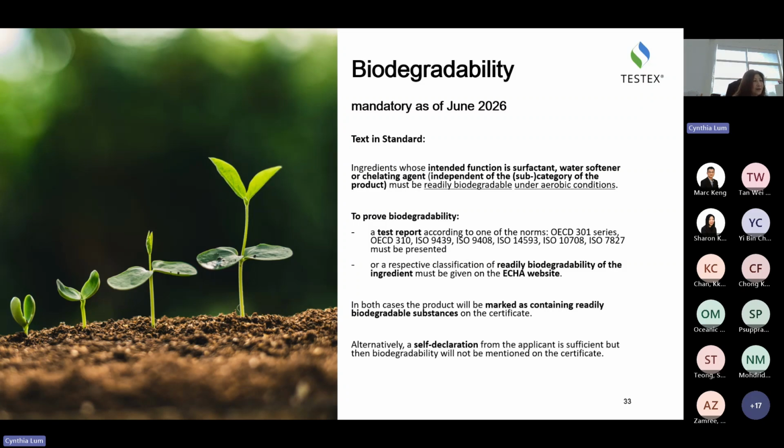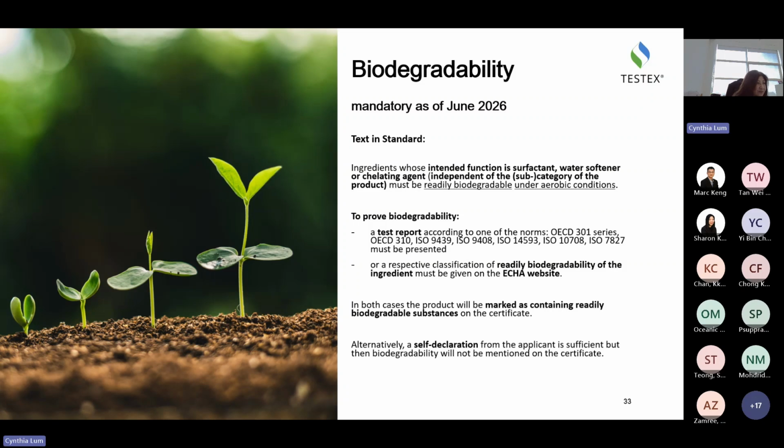So to prove biodegradability, which is required, you need a test report according to one of the norms, like OECD 301 series, OECD 310, ISO 9439, ISO 9408, ISO 14593, ISO 10708, ISO 7827. So you need a report from either one of these to prove biodegradability.